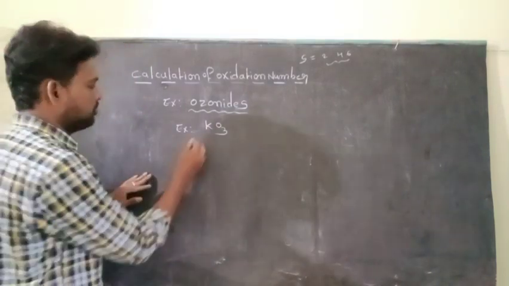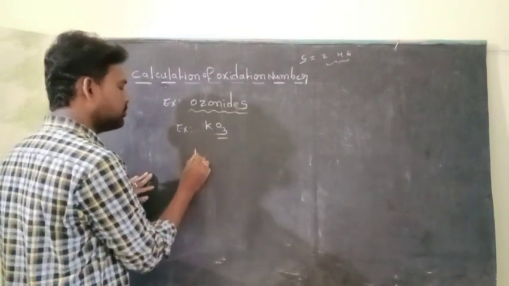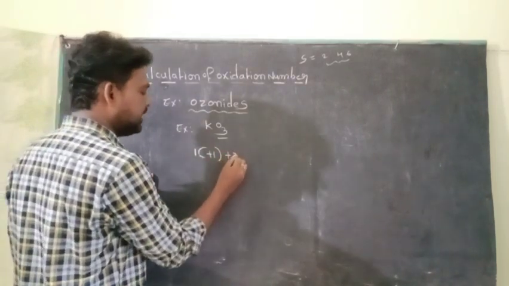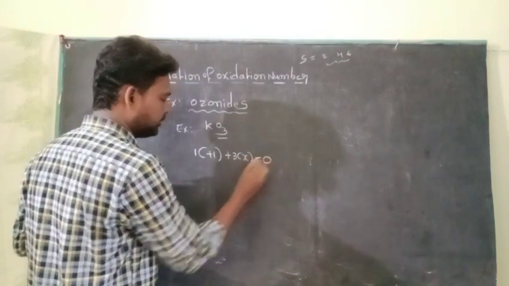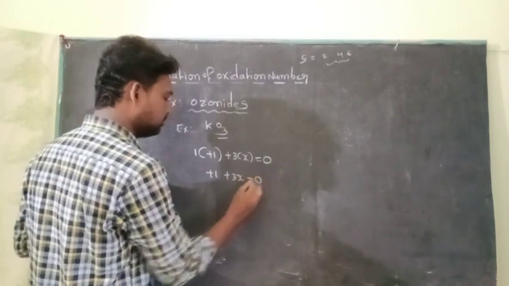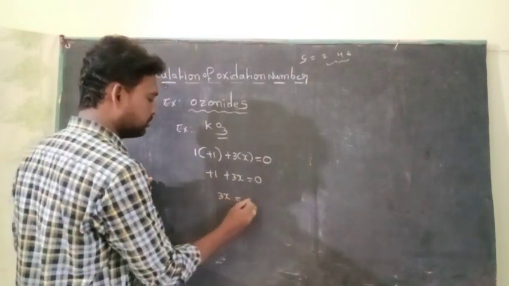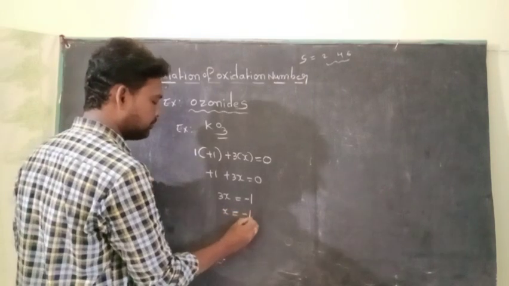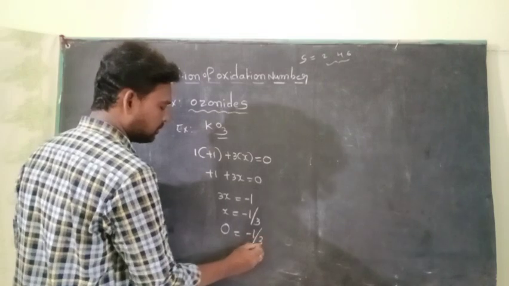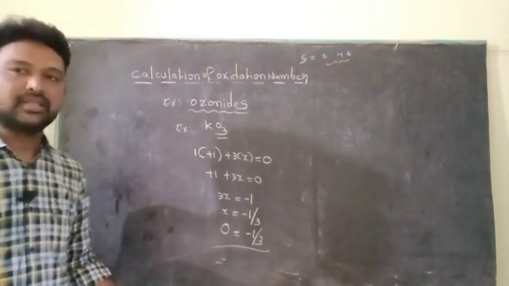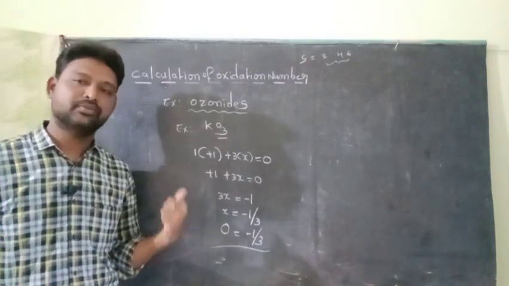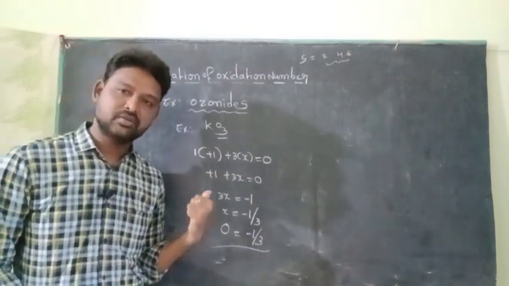Okay, so 1 into +1 oxidation state of potassium atom plus 3 into x equals 0. +1 plus 3x equals 0. So 3x equals -1, x equals -1/3. X is the oxidation number of oxygen, -1/3. In ozonides, the oxidation number of oxygen atom is -1/3.